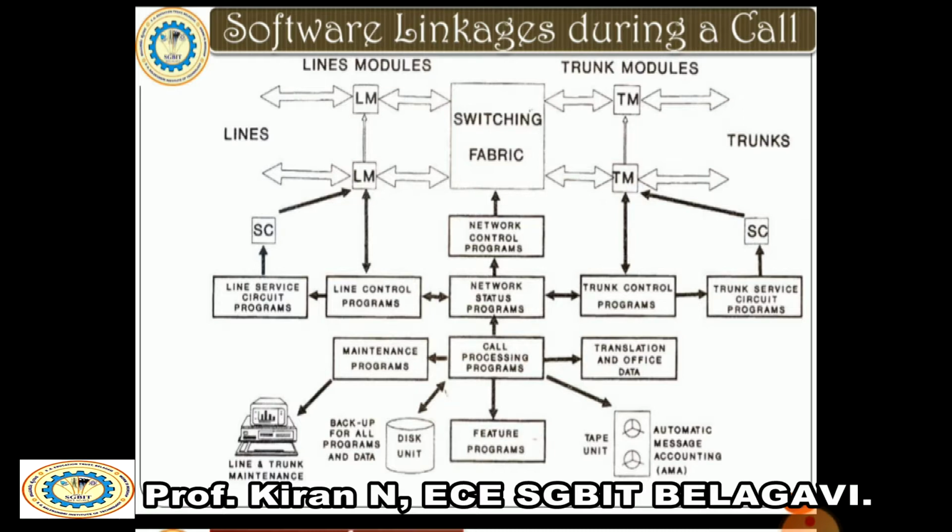The network control program helps in initiating connections through a switching fabric. Means it helps in establishing a connection through a switching fabric, that is, helps in connecting line modules and trunk modules.